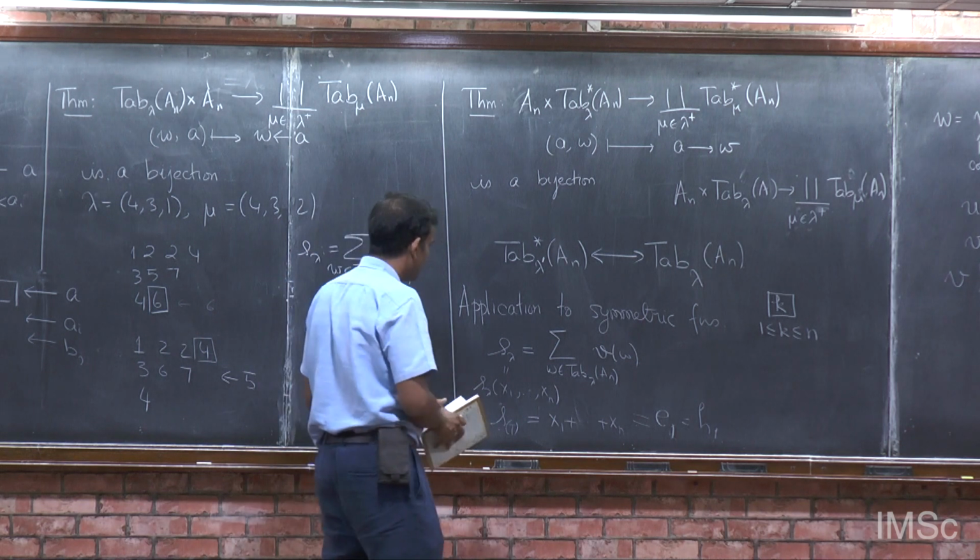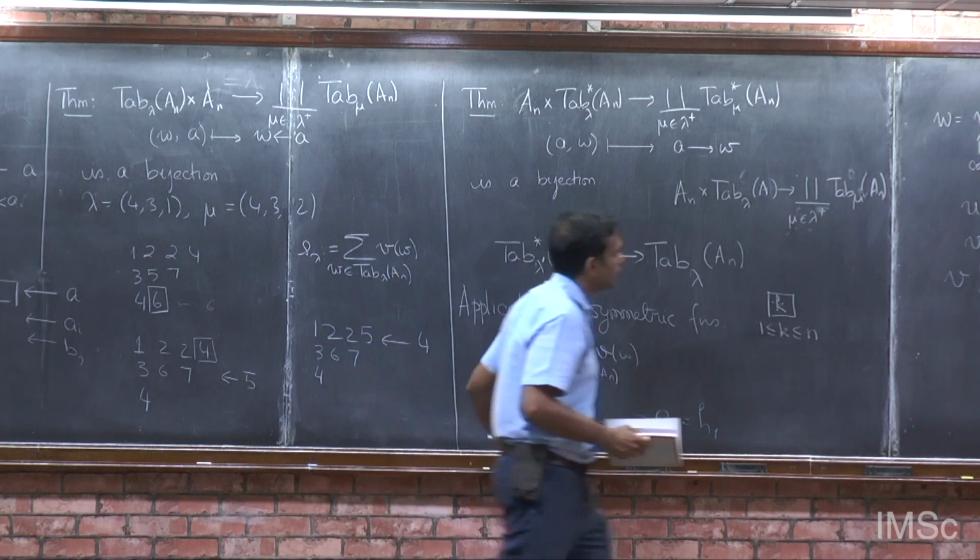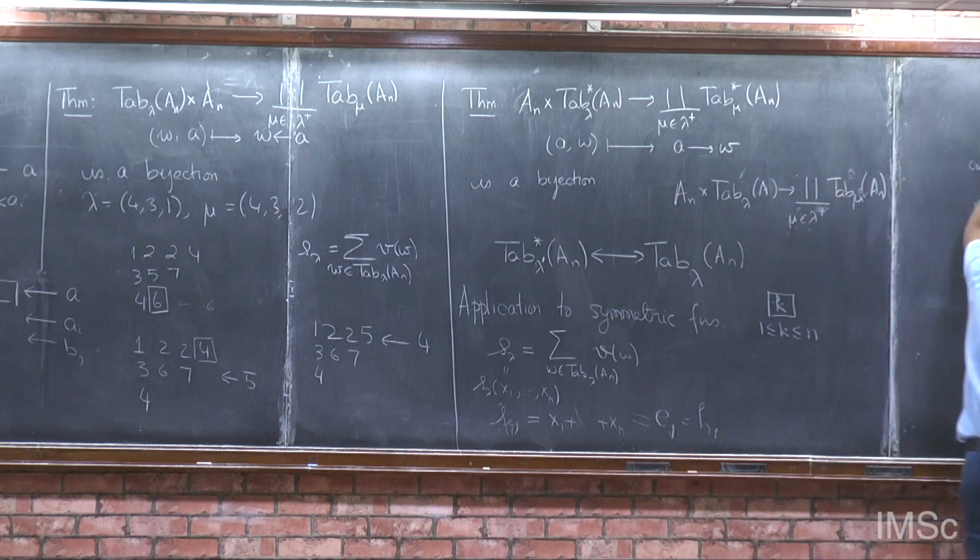So, if you apply the weights to all these things, what you get is the following identity.